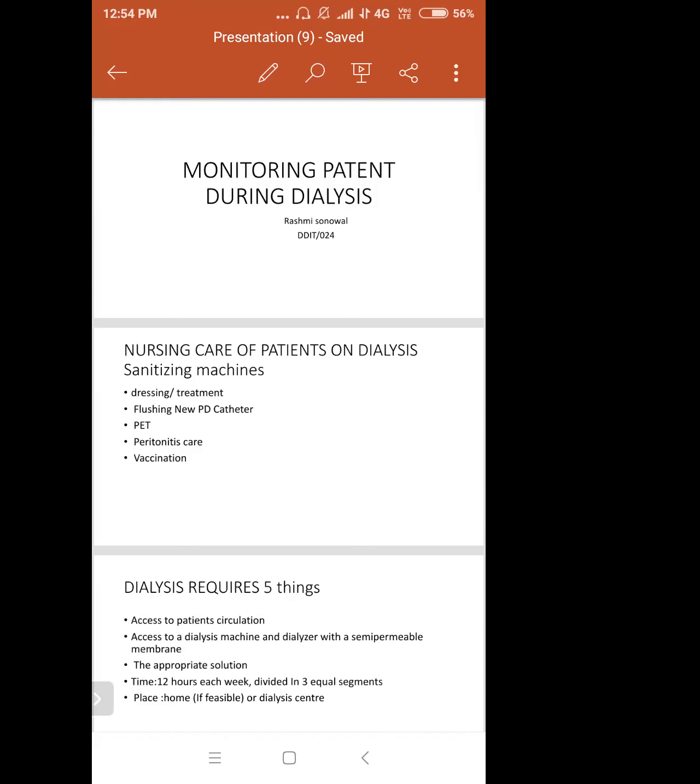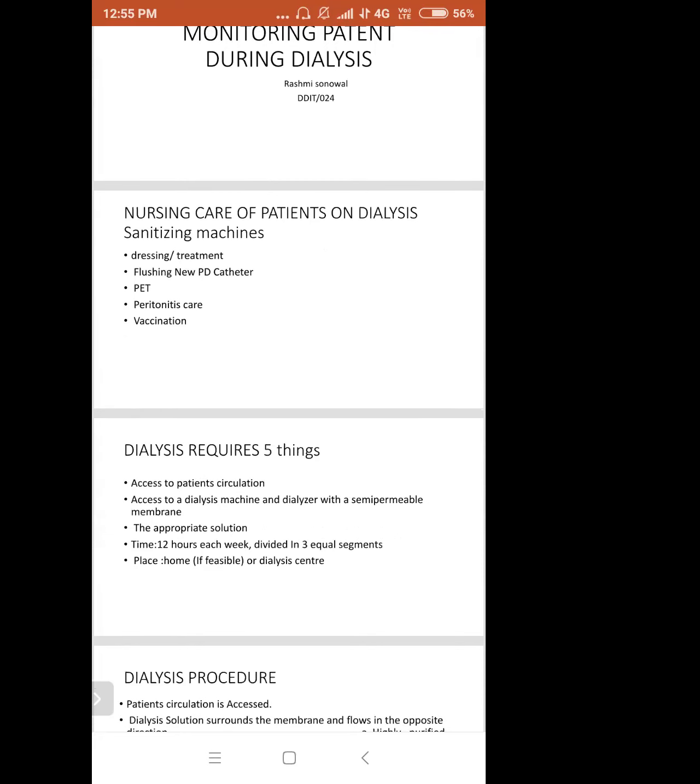PET, peritoneal equilibration test, is a semi-quantitative assessment of peritoneal membrane transport function in patients on peritoneal dialysis. Peritonitis care requires prompt medical attention to fight the infection and, if necessary, to treat any underlying medical condition. Peritonitis treatment usually involves antibiotics and, in some cases, surgery.